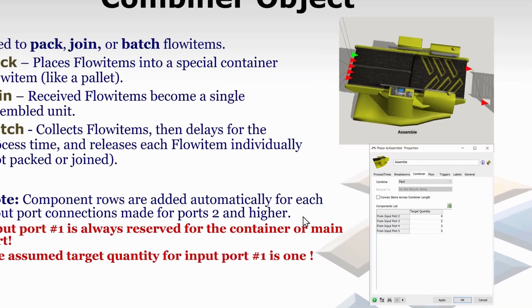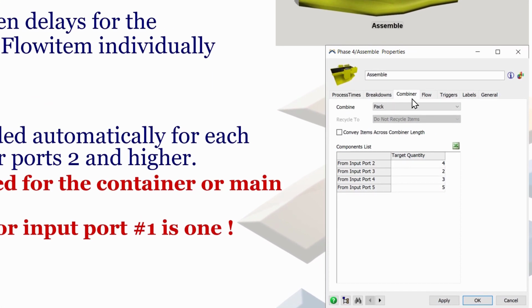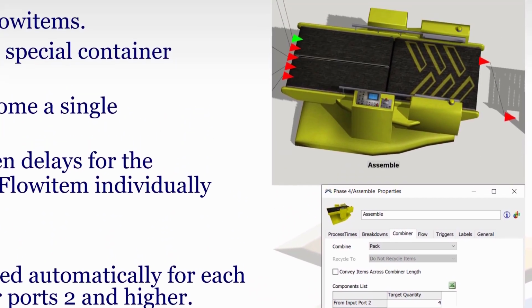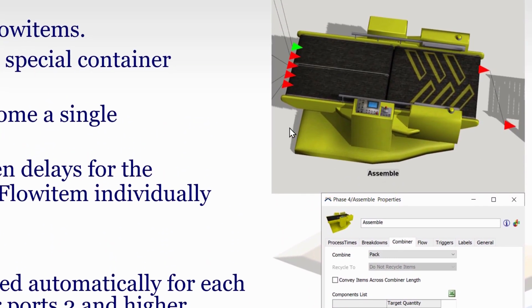What are component rows? Well, if you look at the combiner tab on the properties for the combiner, you'll see this is where you choose what you want to do, either pack, join, or batch. If you're going to pack, you get this components list here. This table gets populated with as many rows as the object has port numbers greater than 1.